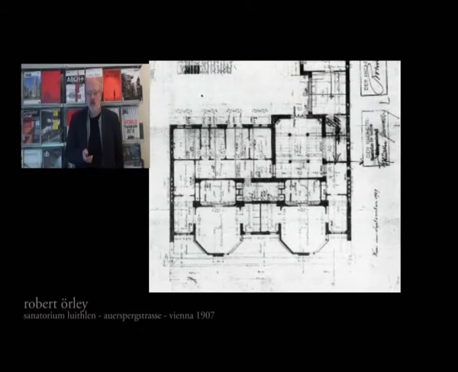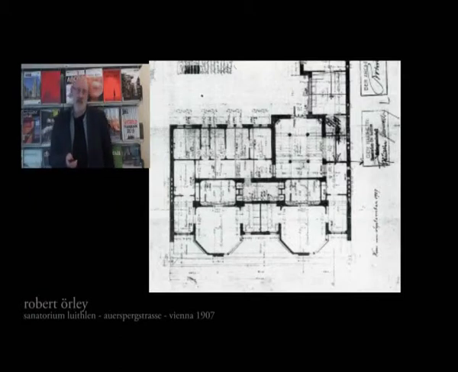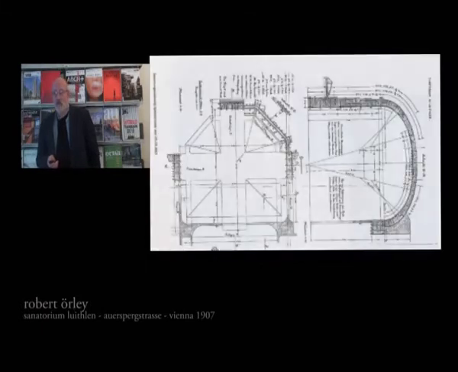The last floor of the building with the 2 octagonal operation rooms has been eliminated in 1967, unfortunately. Robert Oerley did there the first time this modern idea of operation rooms, which are without any example at that time, and this was destroyed.